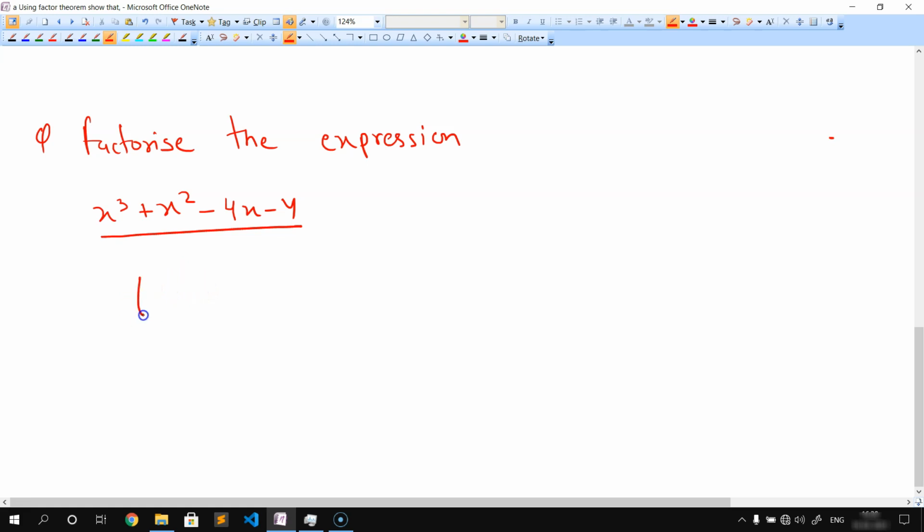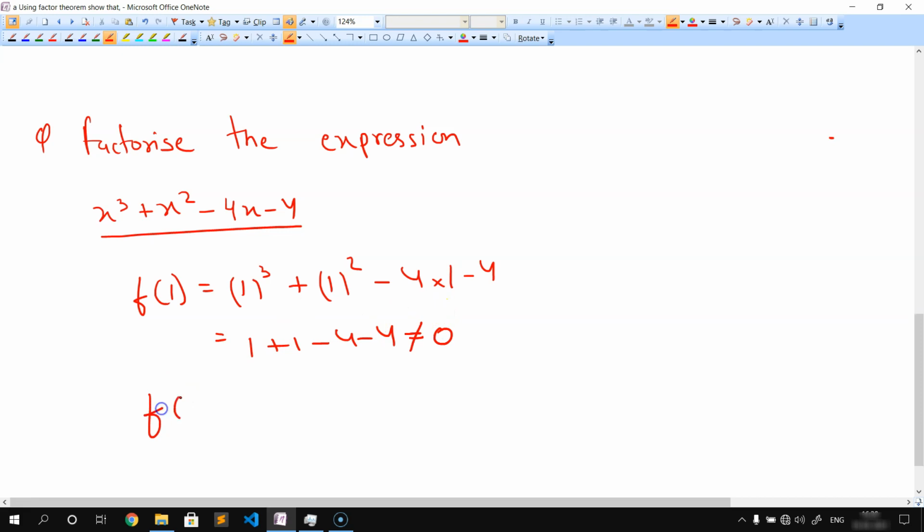First, if I take f of 1, let's see what remainder we get. 1 cube plus 1 square minus 4 into 1 minus 4. This will be equal to 1 plus 1 minus 4 minus 4. So this is not equal to 0.